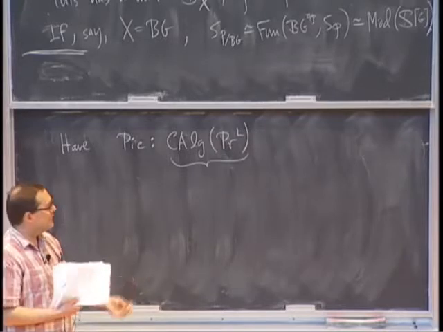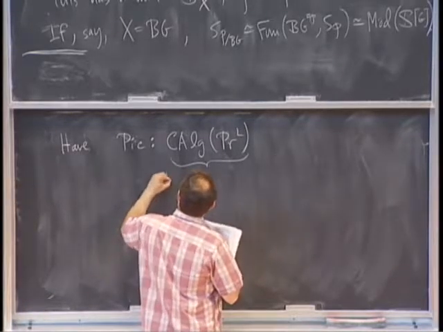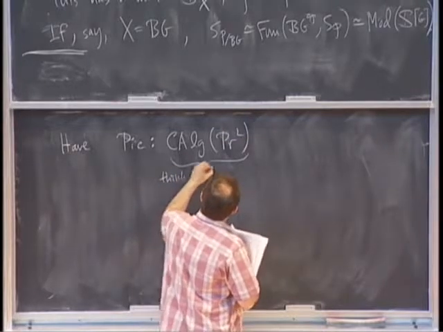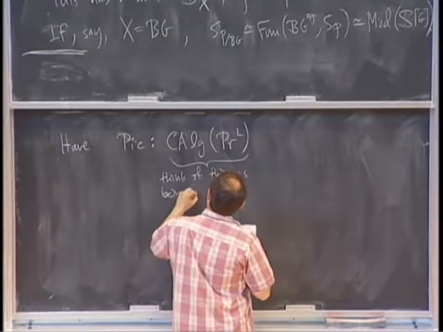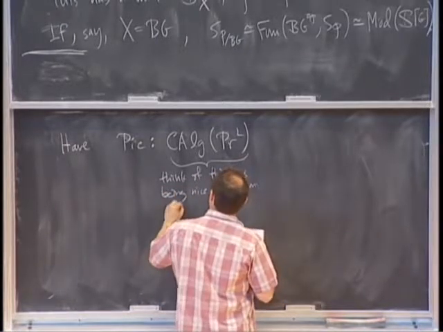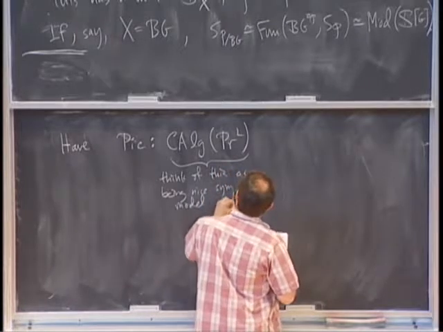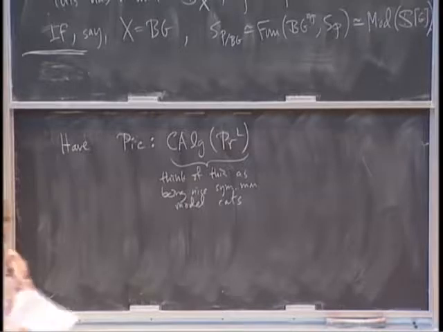I should have said this before. You can think of this as being sort of nice symmetric monoidal model categories, such as modules over an E infinity ring spectrum.